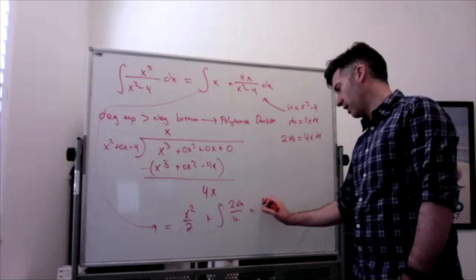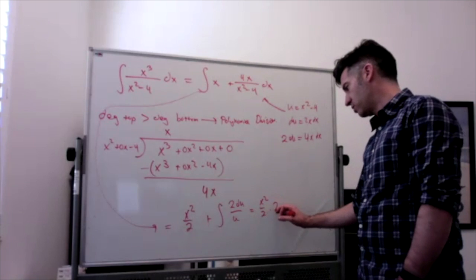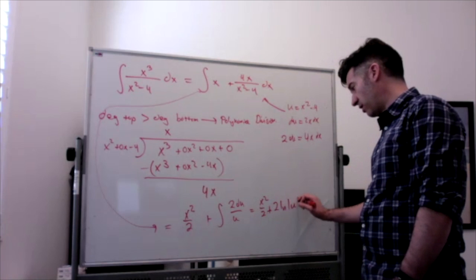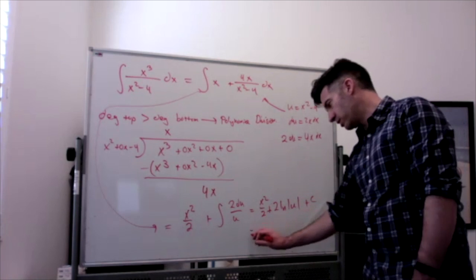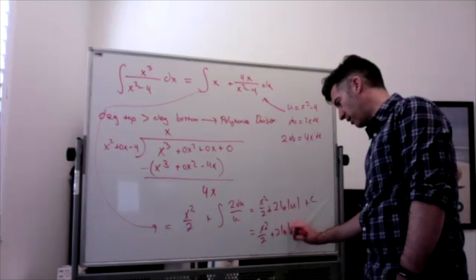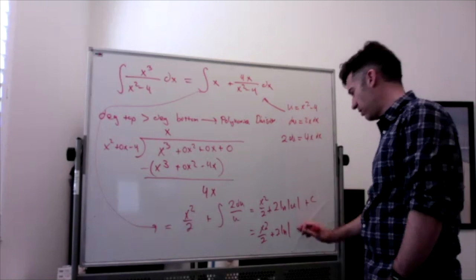So that's going to be x squared over 2 plus 2 times the natural log of the absolute value of u, plus c, which is x squared over 2 plus 2 natural log of the absolute value of x squared minus 4.